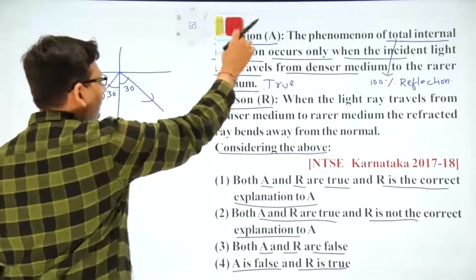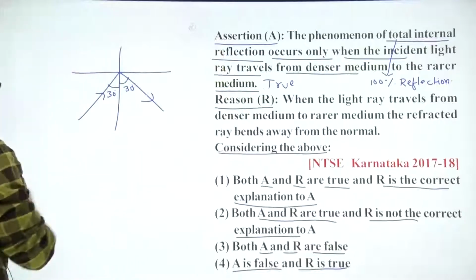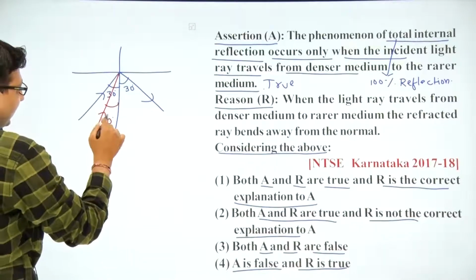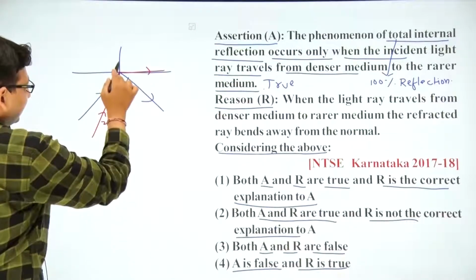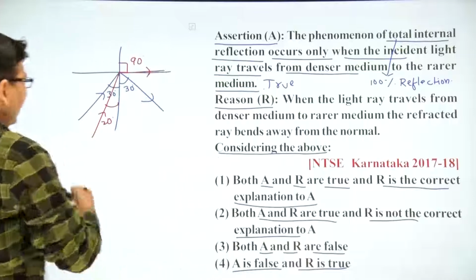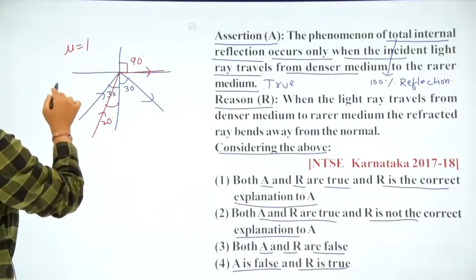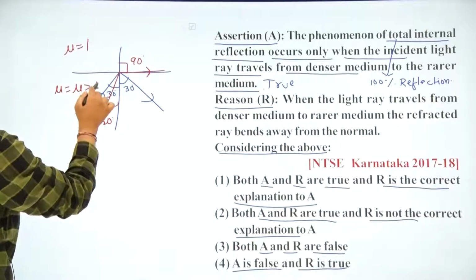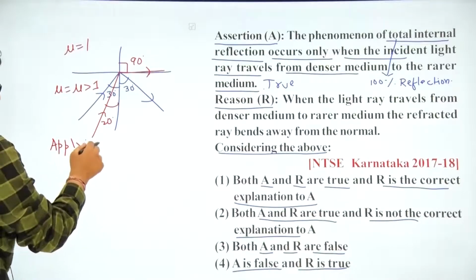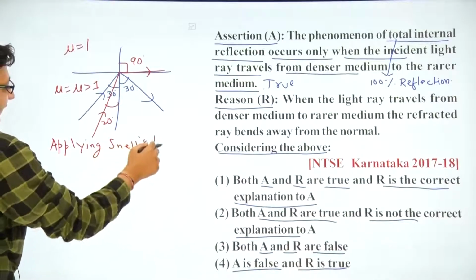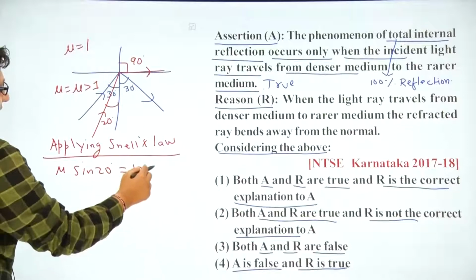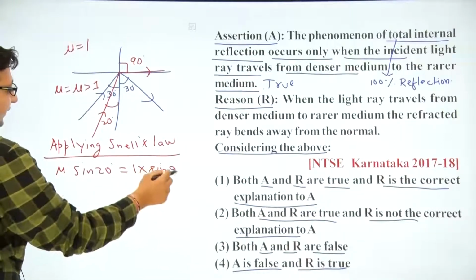Suppose another ray is incident at 20 degrees such that the refracted ray is like this, and the refracted angle is 90 degrees. If one medium has mu equal to 1 and the other has mu, where mu is more than 1, applying Snell's law we can definitely say mu into sine 20 is equal to 1 into sine of 90 degrees.